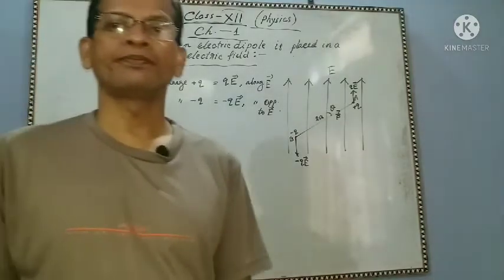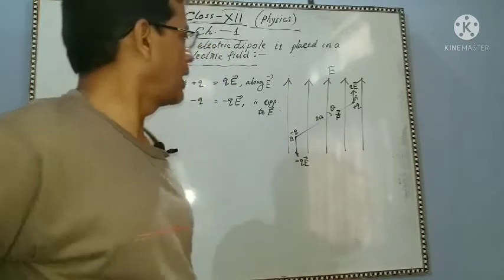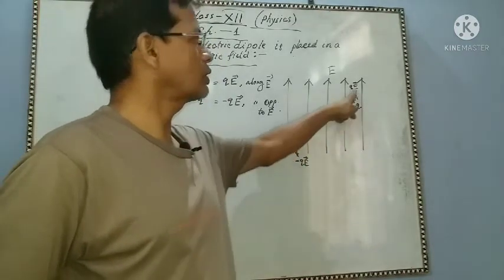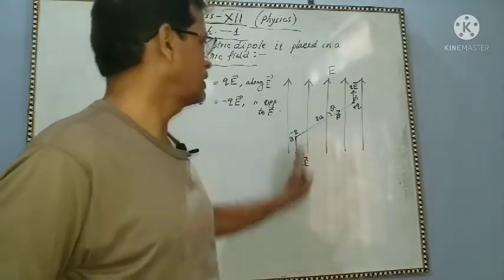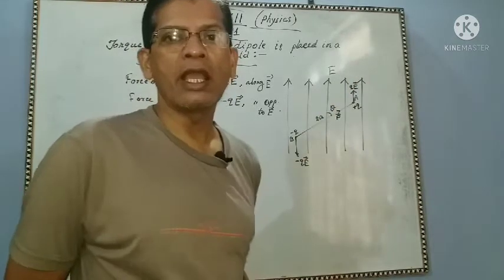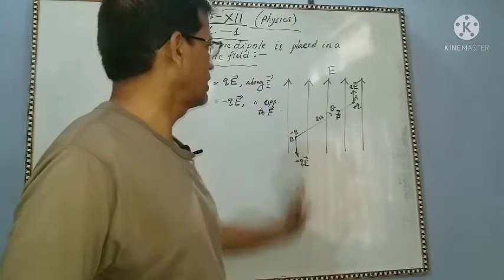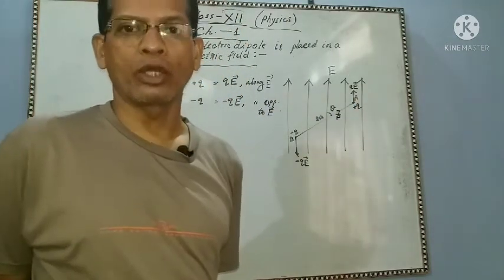Now you see, these two forces are equal in magnitude. It's QE, it's also QE, equal in magnitude, opposite in direction. This is in this direction, this is in this direction, and they have different lines of action. So they will constitute torque.